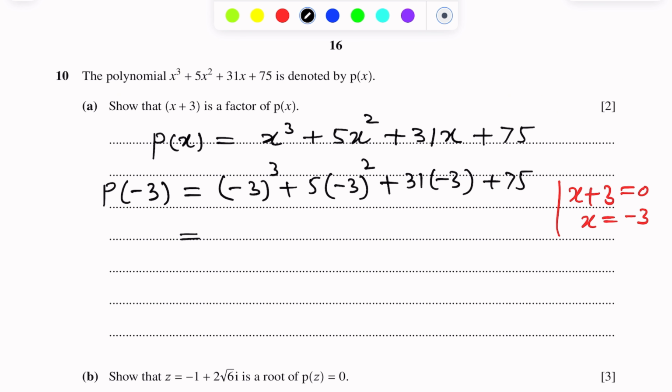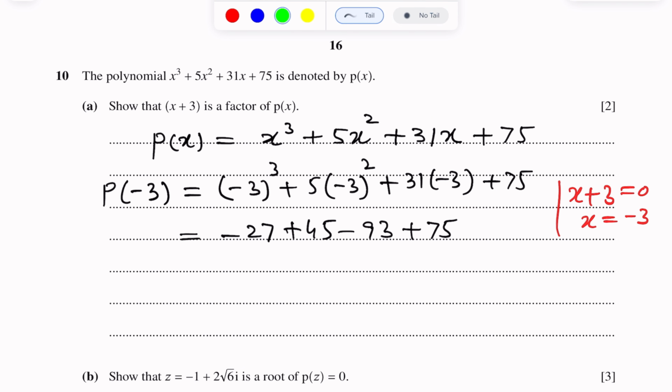We get minus 27 plus 45 minus 93 plus 75. After calculating, this is equal to 0.